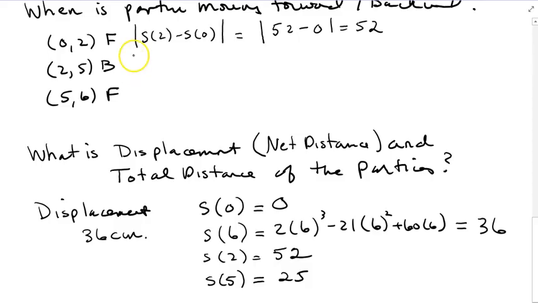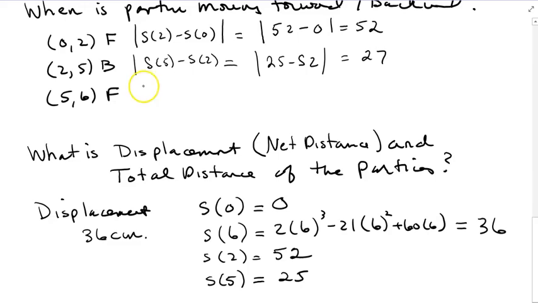How far backward did it go? Well, you'd have to take S sub 5 minus S sub 2. And S sub 5 is 25 minus 52, and you get the absolute value of negative 27. So you get 27, and it actually moved 27 centimeters.